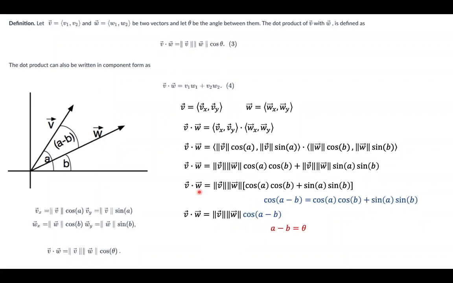And remember that A minus B is the angle between these two vectors. So according to the definition, A minus B is theta because it's the angle between the vectors. And so that brings us to v dot w equals the magnitude of v times the magnitude of w cosine of theta. And there you go. There's our proof from going from component form to angle form.